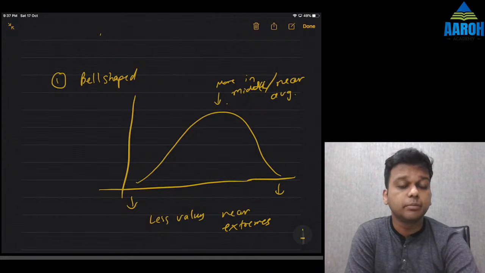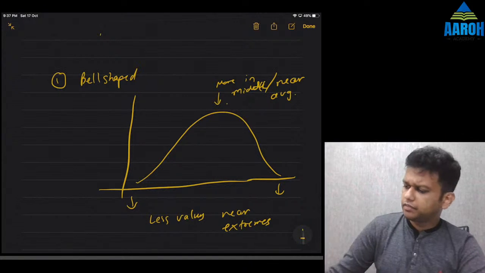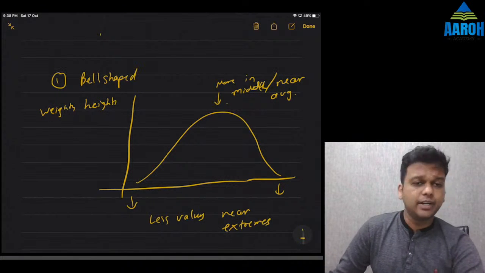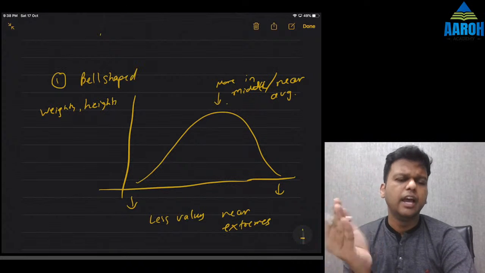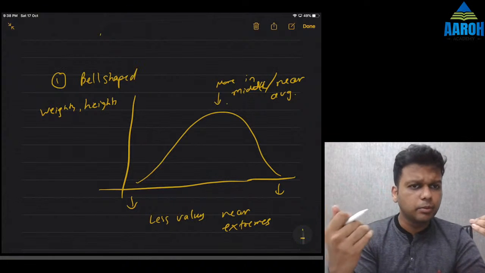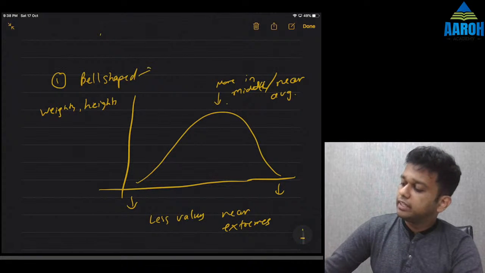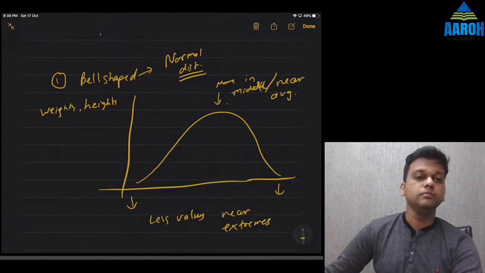That is called a bell-shaped curve. We can see such a curve in weights, heights, right? Because generally people having average weight or height are more, and generally overweight and underweight people are fewer in number, right? We have also used this bell-shaped curve in the normal distribution, if you remember. Fine.